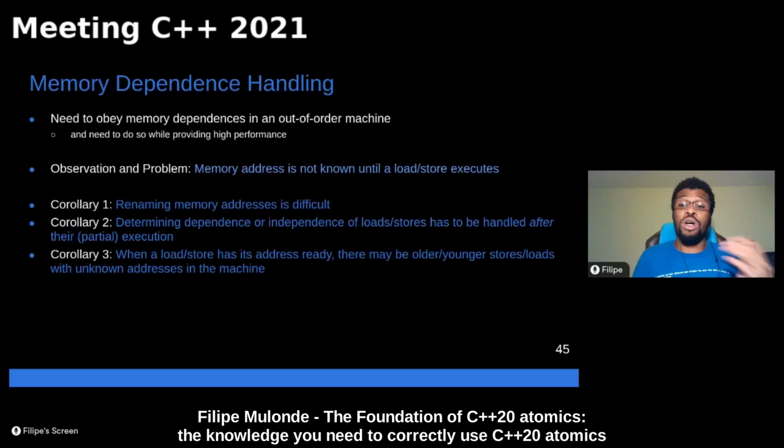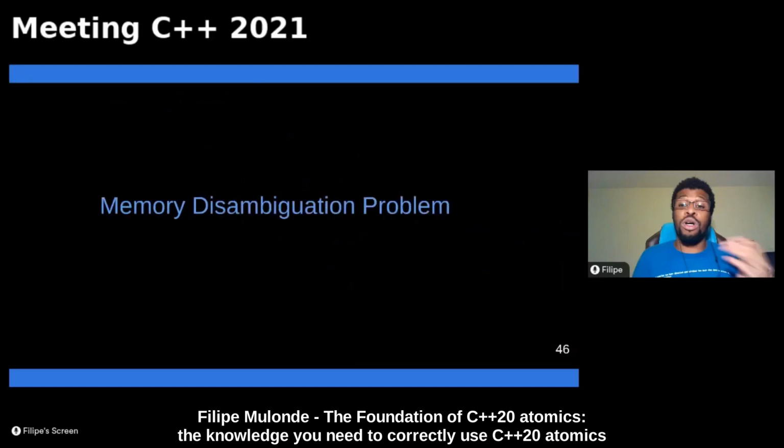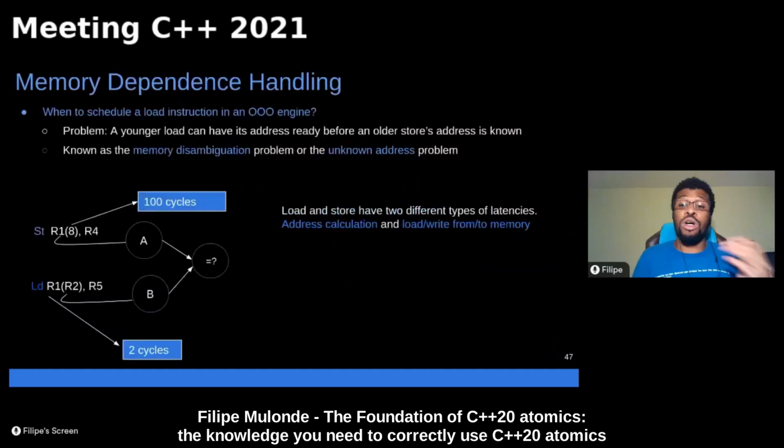And the corollary number 3 is that when a load or store has its address ready, there may be older or younger stores or loads with unknown address in the machine. And this third corollary is also called the memory disambiguation problem. And here we are going to understand this problem.